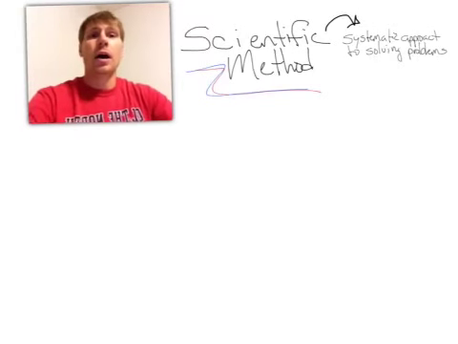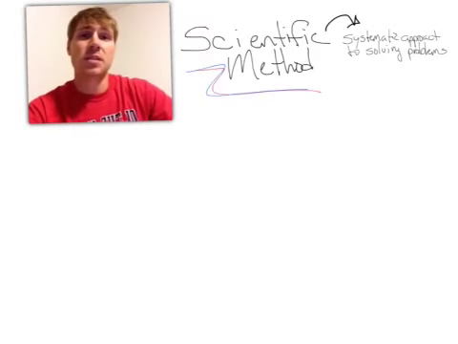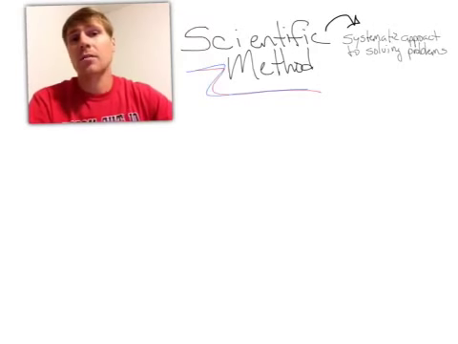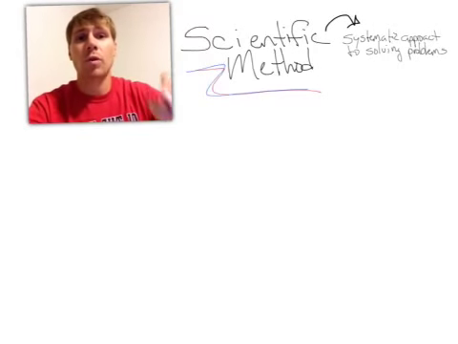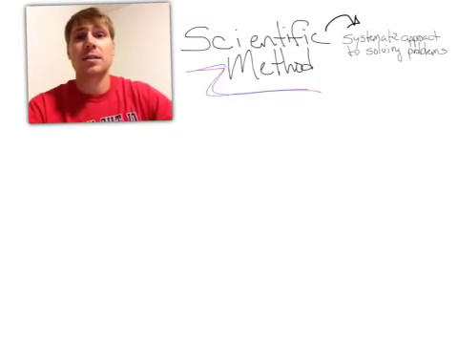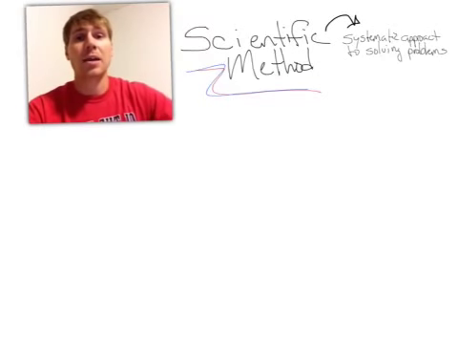Now, when we're going through these specific steps, they're going to follow the same every time. And you're going to notice that it's not exactly a linear process, meaning we go from one step and then always go to the second step, always go to the third step, and so on and so forth. But it's more of a cyclical process. So sometimes we're going to jump steps, sometimes we're going to have to go back and redo steps.